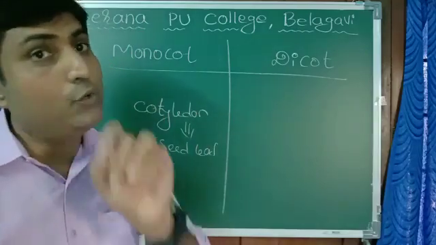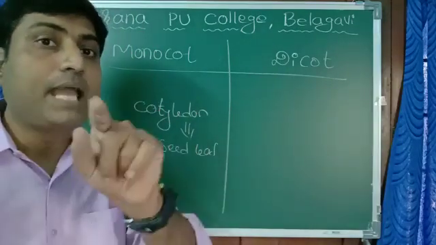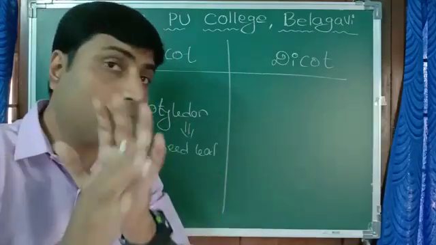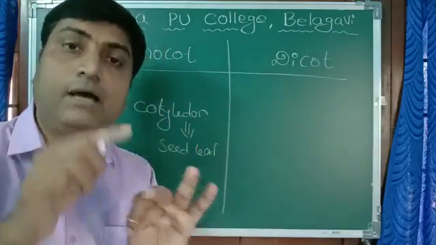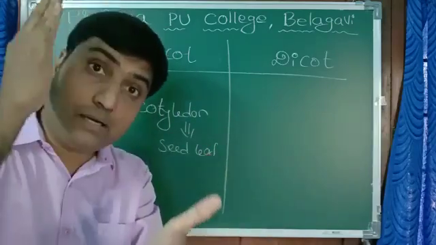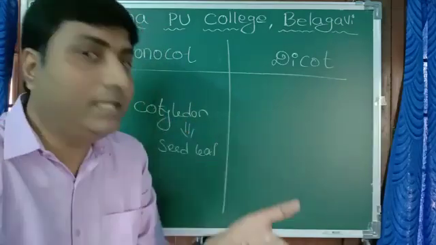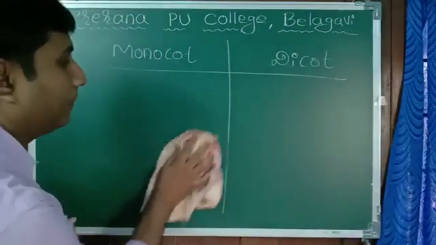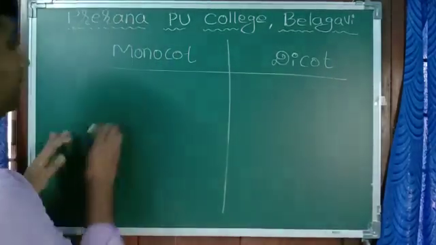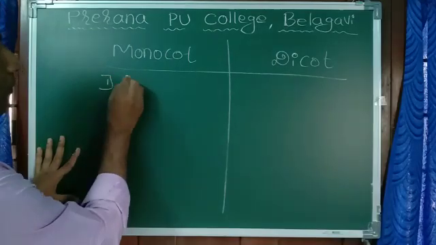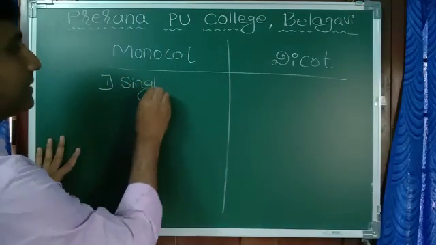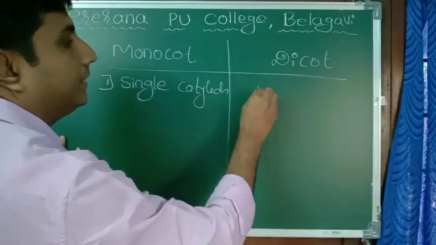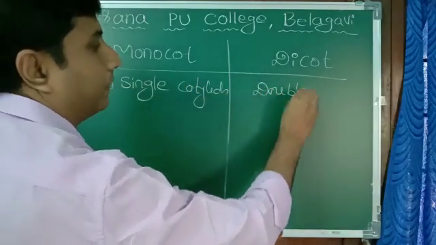Monocot means you cannot split them into two, as in the case of paddy. You can cut them, but you cannot split them. Wheat, ragi, coconut. You can cut the coconut, but you cannot split it because it is made up of a single cotyledon. This is the first difference. In monocot, it is a single cotyledon, and here it is double cotyledon.